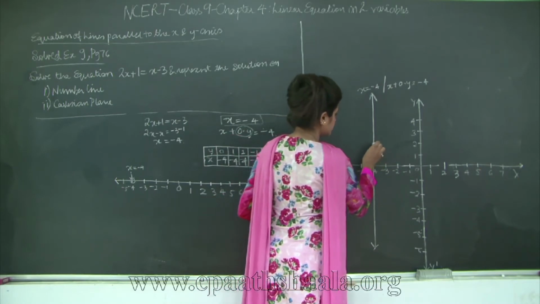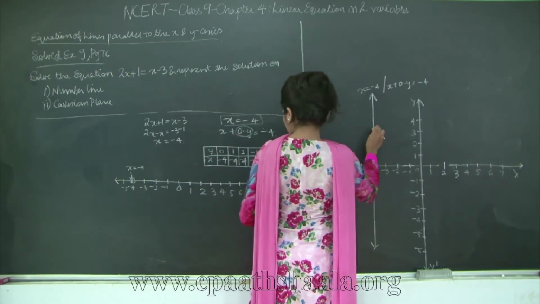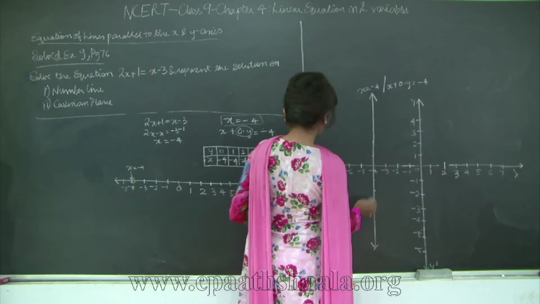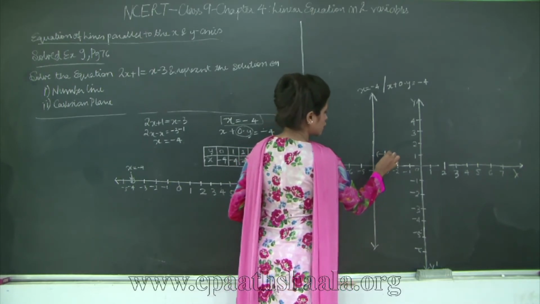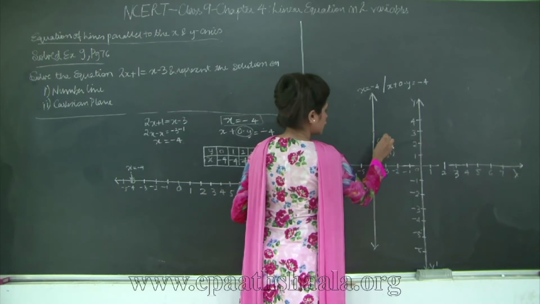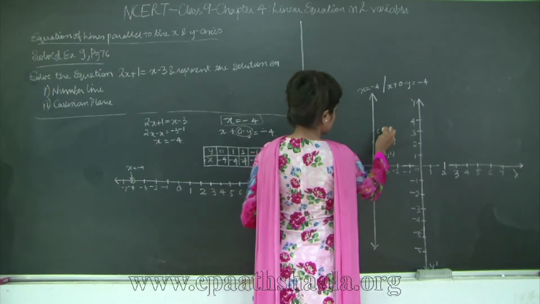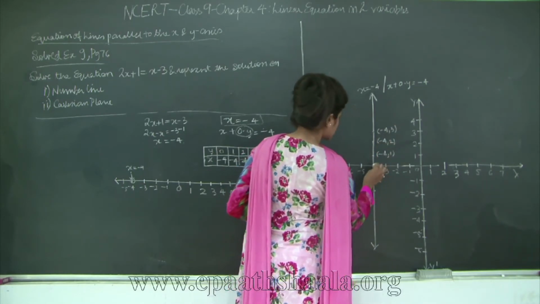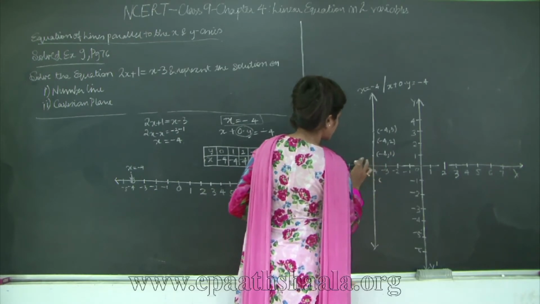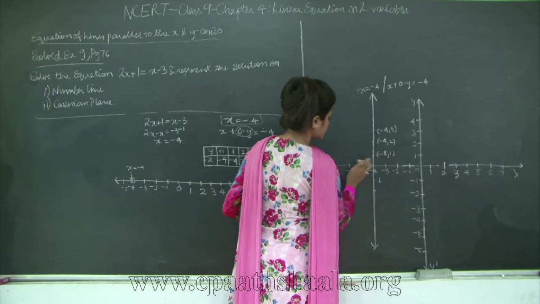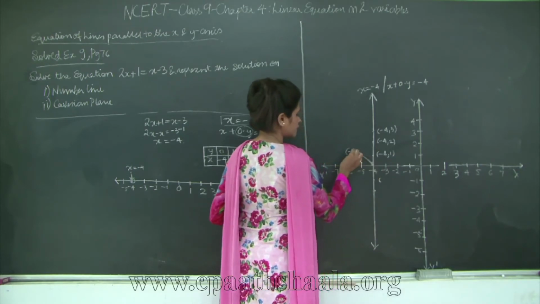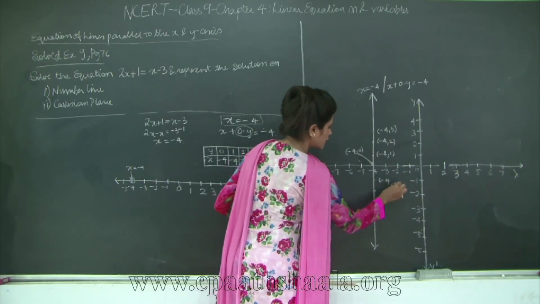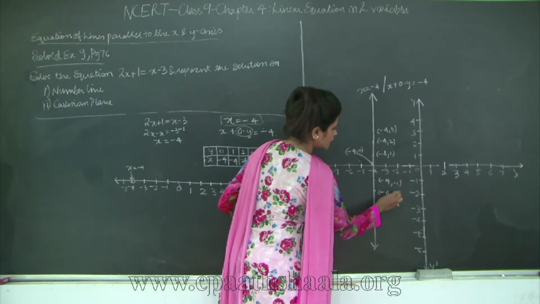I have minus 4 comma 1, minus 4 comma 2, let's say minus 4 comma 3, then this is minus 4 comma 0, this is minus 4 comma minus 1, minus 4 comma minus 2.